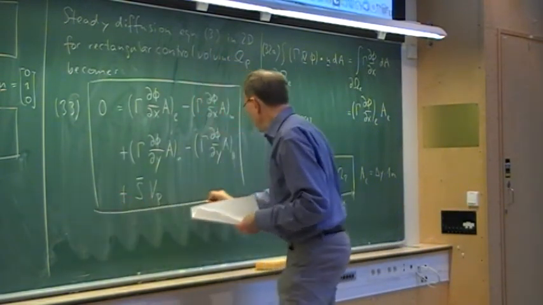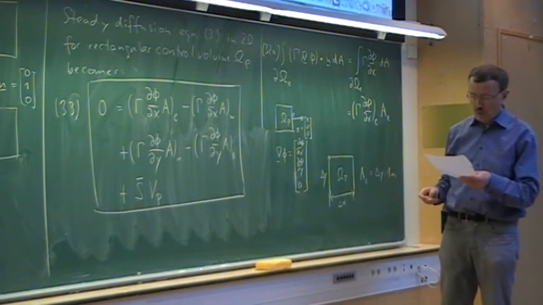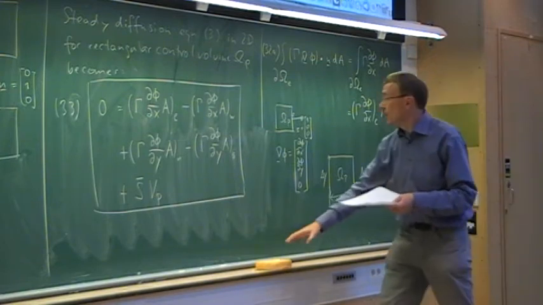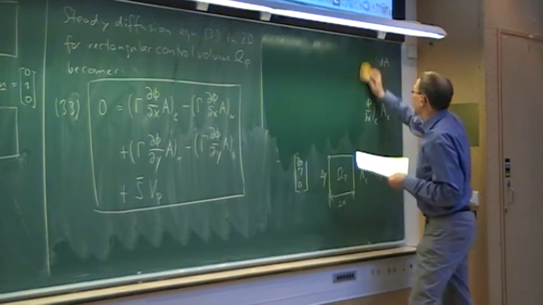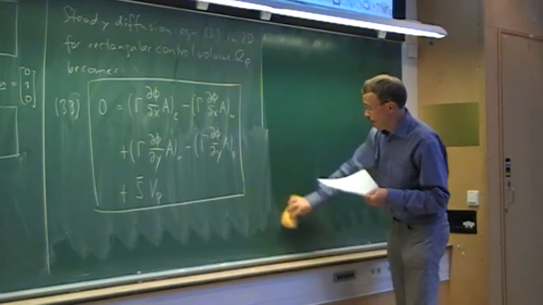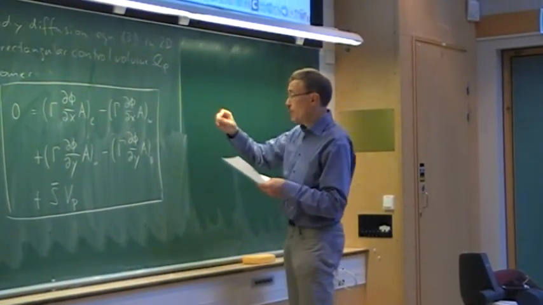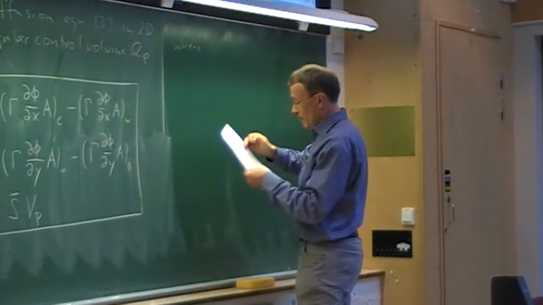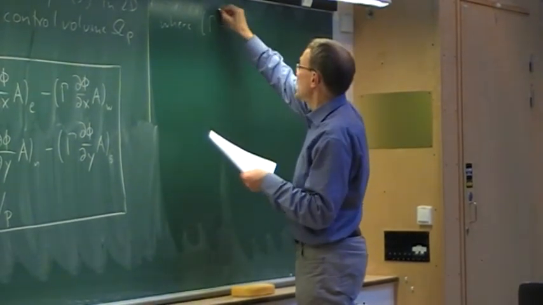And then we do the same approximation for the source term as we did also in 1D. So let me just give the explanation here. We have introduced these averages here, so they are assumed at the moment to be exact.